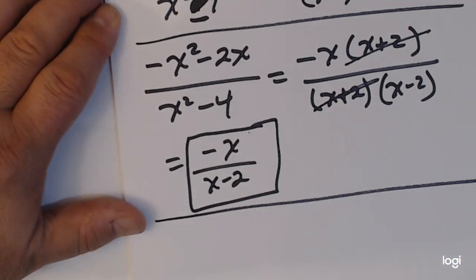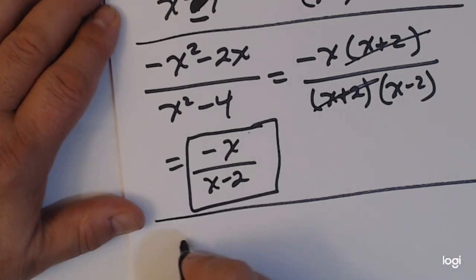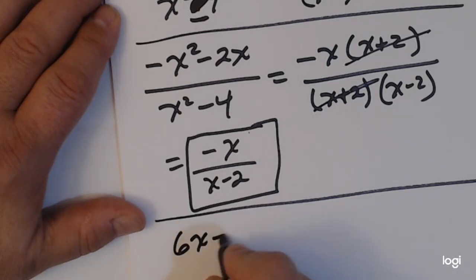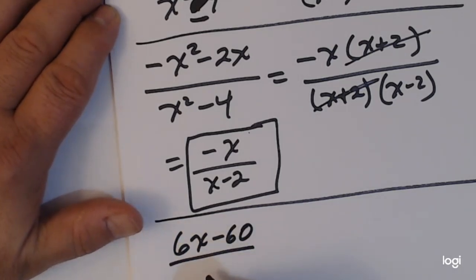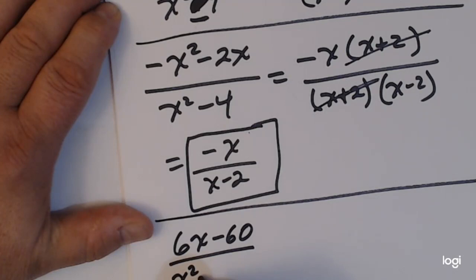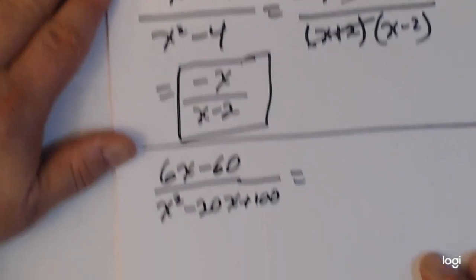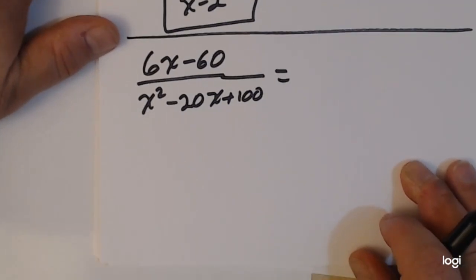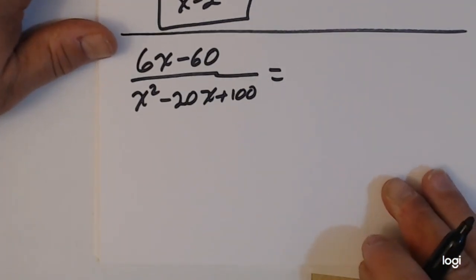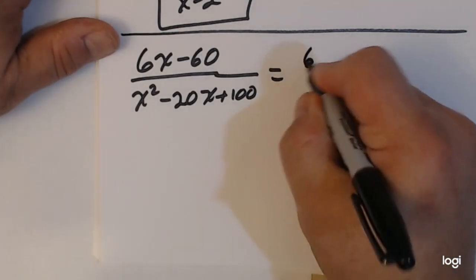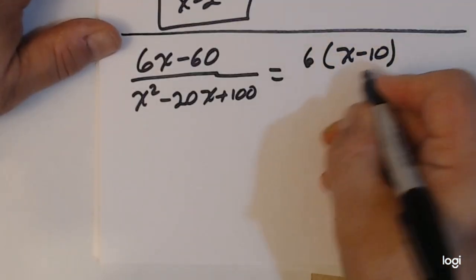Okay. Now, let's try this one. 6x minus 60 over x squared minus 20x plus 100. Oh, I could see the way this is setting up. All right, let's factor out a 6 from the numerator. 6 times x minus 10.